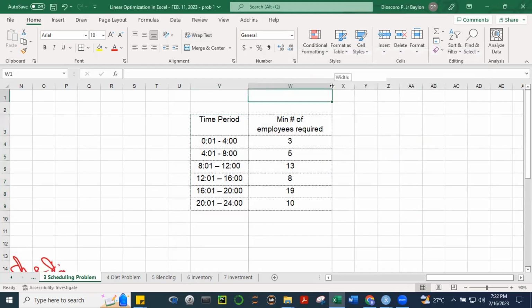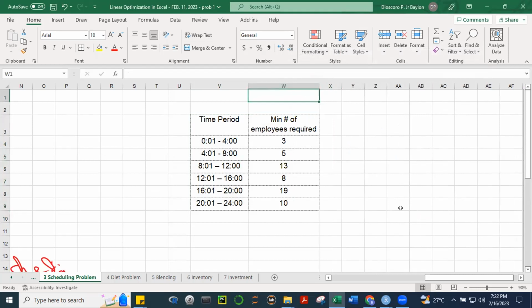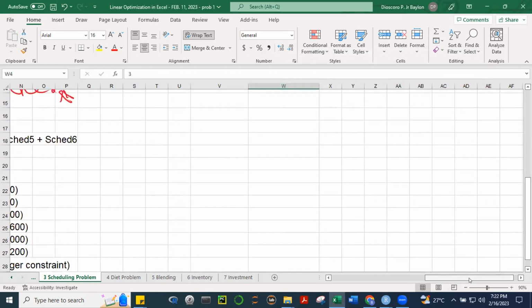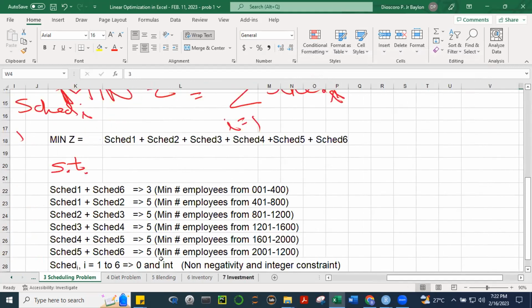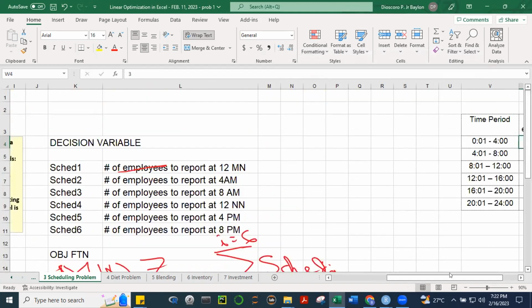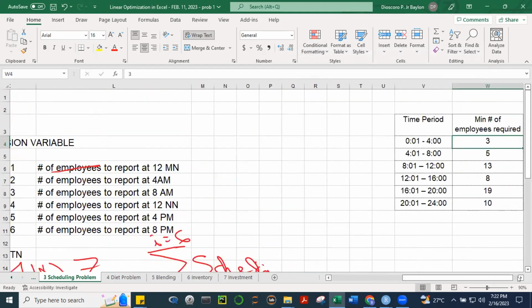So what I'm going to do is work with this data table, and this I know is my right-hand side, right? If I take a look at my constraints, it's my right-hand side. This one greater than or equal to 3, greater than or equal to 5, and again, I'm sorry, it should be 3, 5, 13, 8, 19, 10.